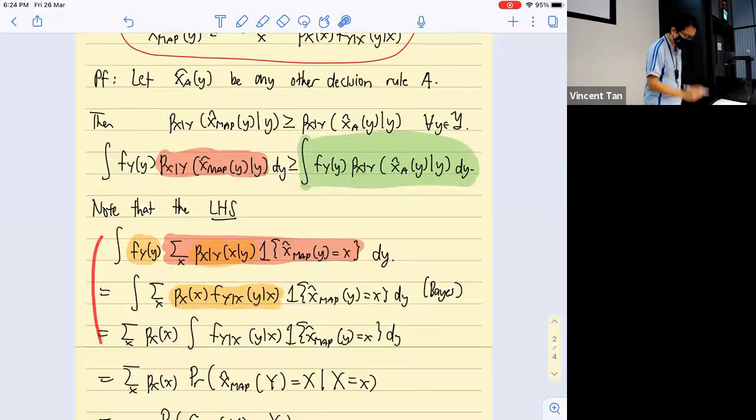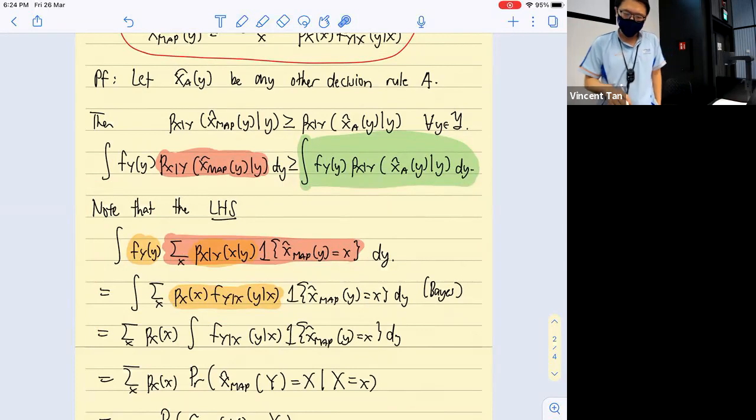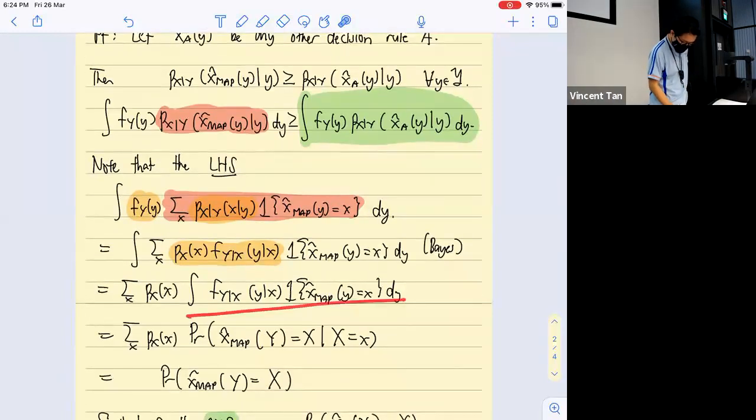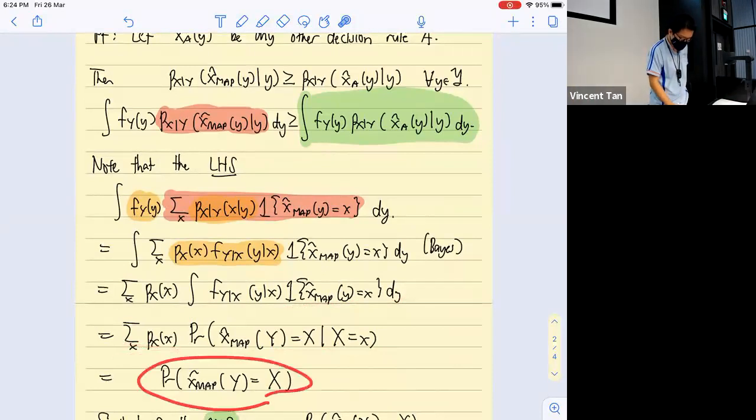We can perform a little bit of calculus gymnastics, but it's not too much. We can move things around, shift here and shift there, and apply Bayes' rule here. And we notice that the integrand here is nothing but the probability of correct decoding, the probability of correct detection here, conditioned on X equals to x. Now merging this with the prior probability, we get the probability of correct decoding or detection.